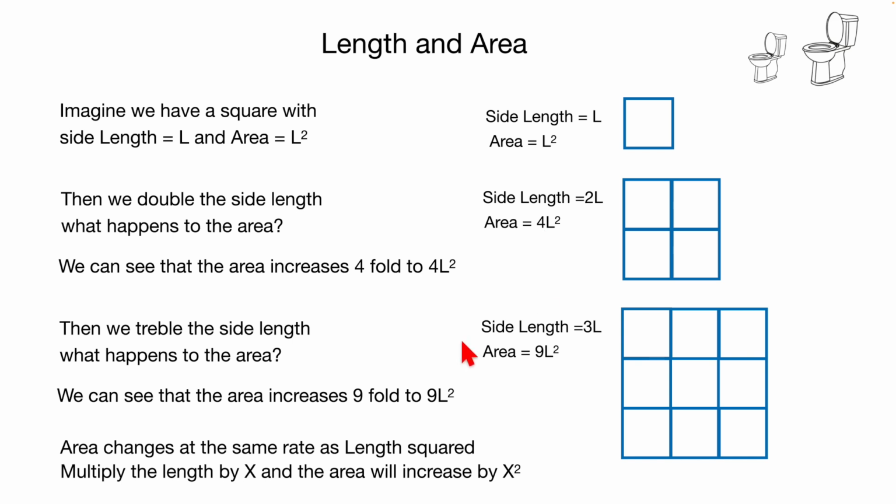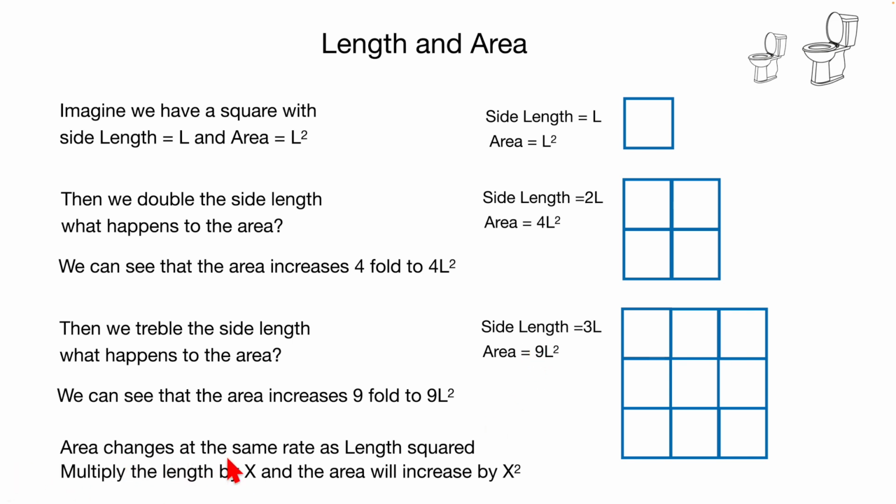If we treble the length, we now have side lengths 3L. We now have an area of 9L squared. We have 9 of these squares. So trebling the length increases the area by 9. And you can see the pattern here that the area is increasing at the same rate as length squared.